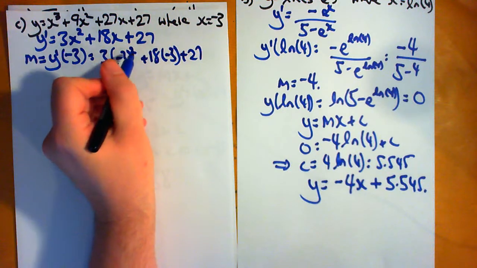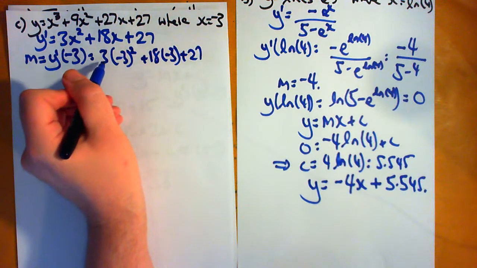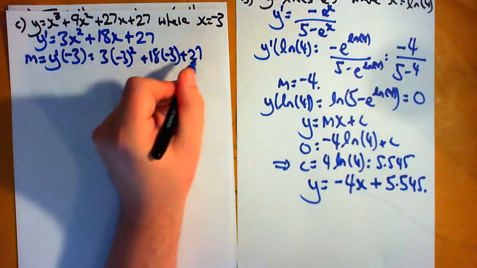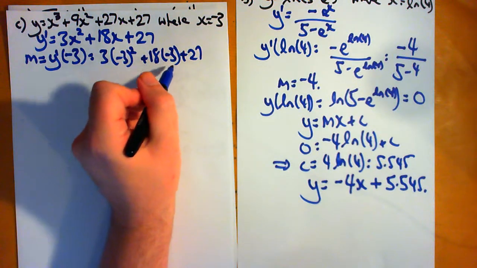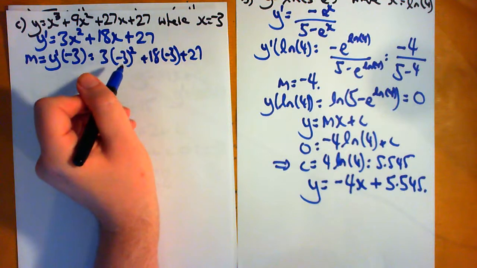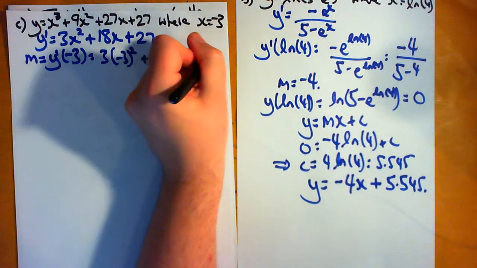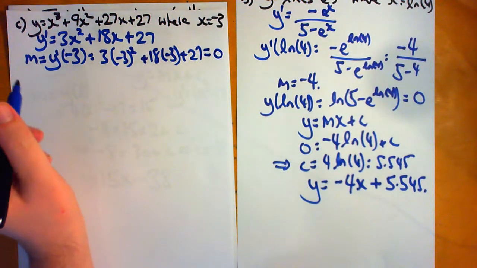Negative 3 squared is 9, times 3 is 27, plus 27 is 54, and 18 times negative 3 is negative 54. So 54 minus 54 is 0.